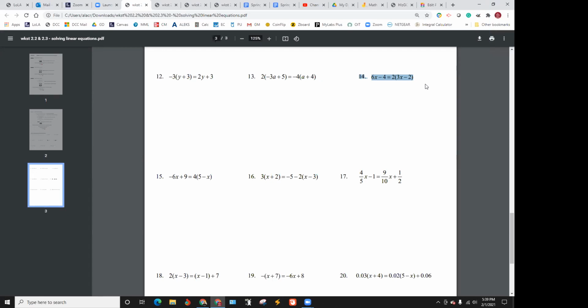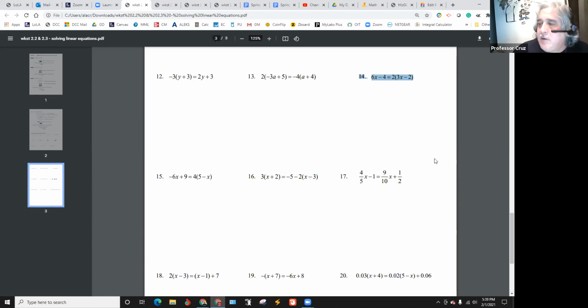Okay, for number 13, I got a equals 13, but I don't know if it's right. That sounds pretty good. Like I said, you can always just check it back in there. Put your 13 back in place of a, see if you come out with a true statement. Okay.